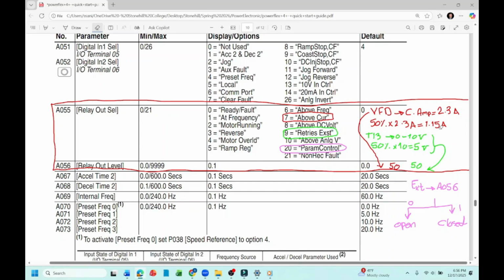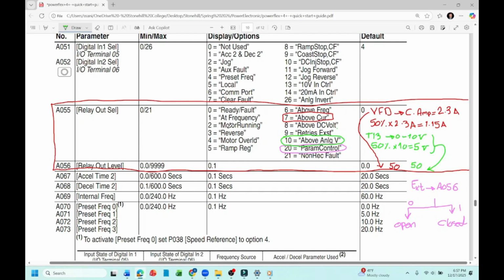Okay, next parameter is number 10, above analog voltage. As you remember, whenever we talked about the external potentiometer, we mentioned that by adding the potentiometer, terminal 13 is able to get 0 to 10 volts. So here with number 10, you can give a percentage in A56.